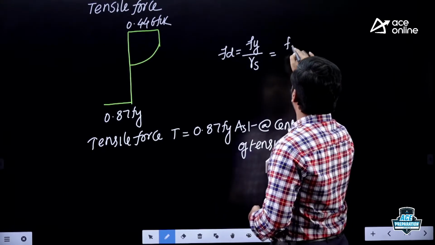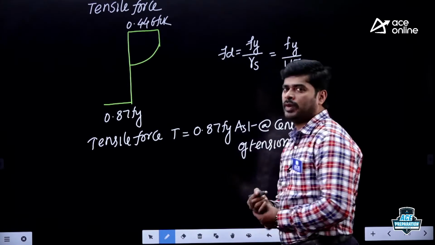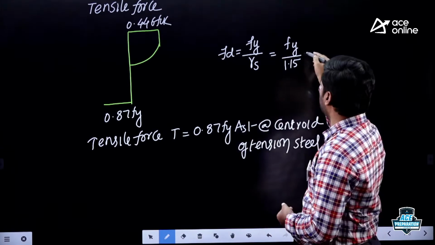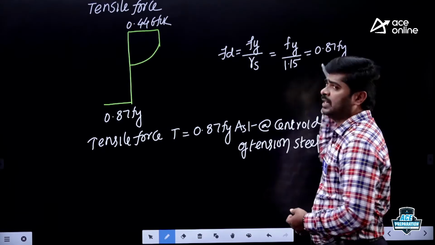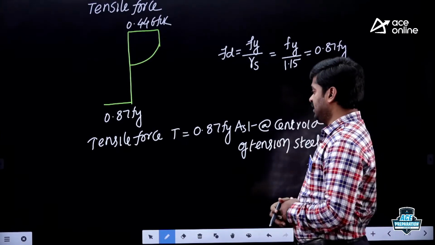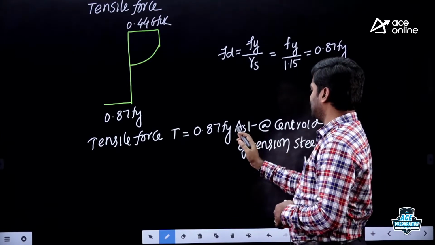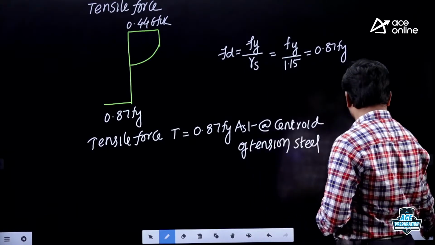Here partial safety factor for steel as per IS code is 1.15. If you simplify this, you will get 0.87 Fy. This is the design strength of steel. Now, tensile force equals design strength into corresponding area. You will get the tensile force, right?